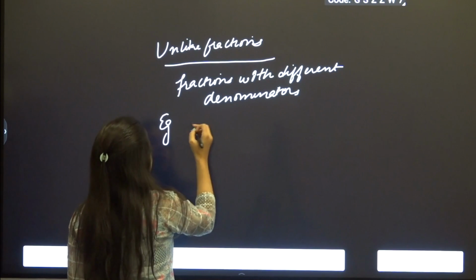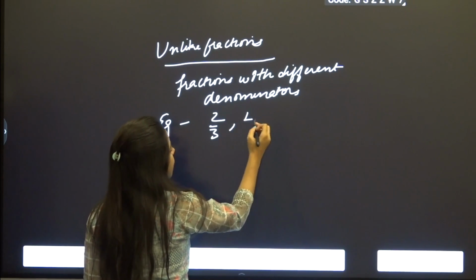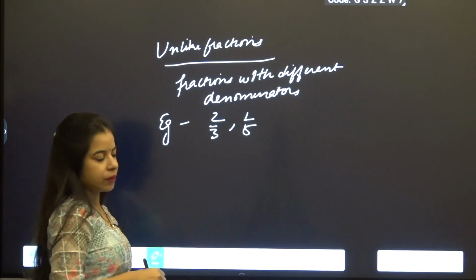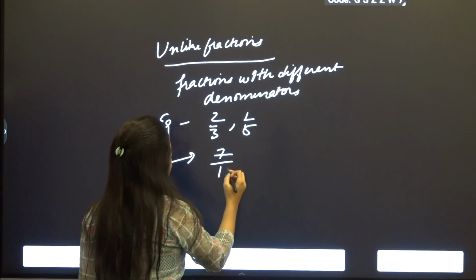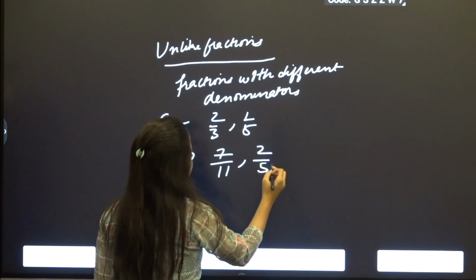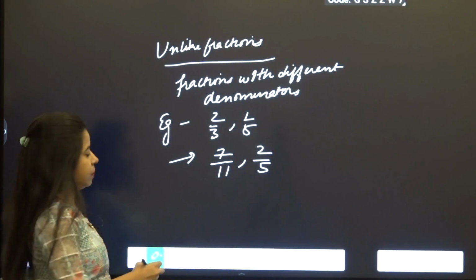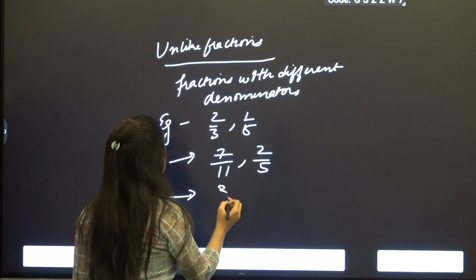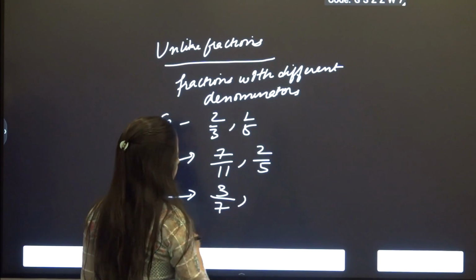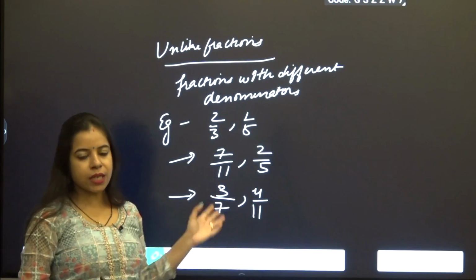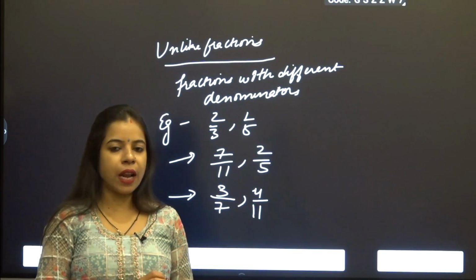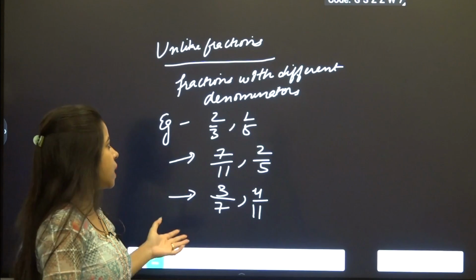For example, 2 by 3 and 1 by 5, 7 by 11 and 2 by 5, 3 by 7 and 4 by 11. So these are examples of unlike fractions where the denominators are different.